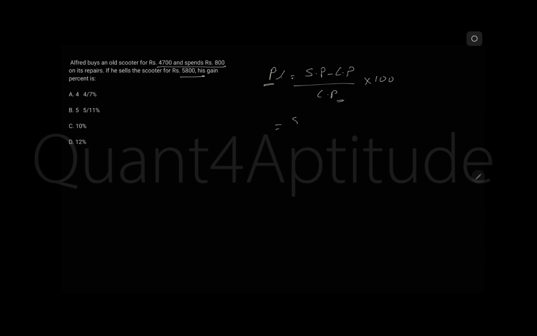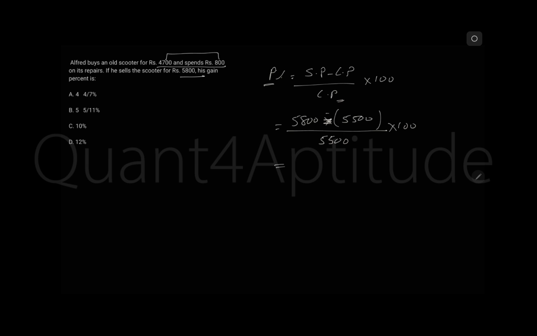If you go ahead and do it, 5,800 minus the cost price, which is a combination of two components, this is subtraction. The cost price will be the summation of these two components which adds up to 5,500. And with respect to the cost price, this is what we are looking at in terms of simplification.